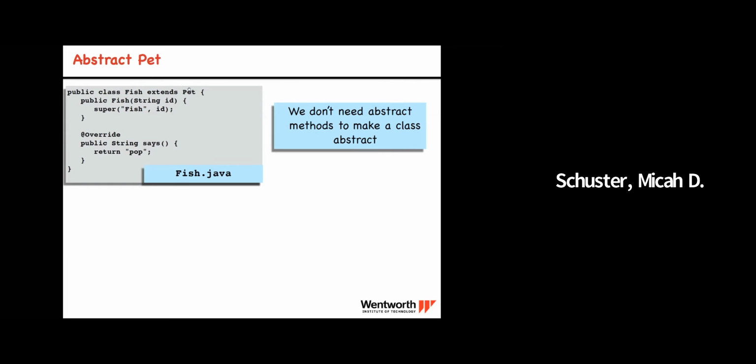We create a fish that extends pet. It has its constructor, of course, and we have to call super. The pet super takes in a string and an ID. So in some way, we have to get those values into super. But in this case, I just hard code fish, but the ID comes in. So you can imagine messing around with something like this and making it so we can create a fish. And then we have to override says.